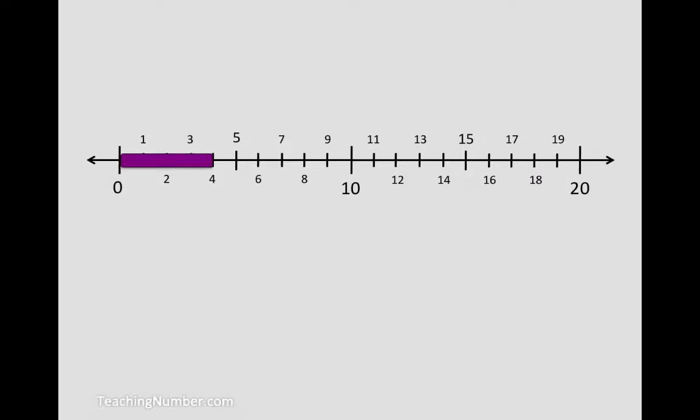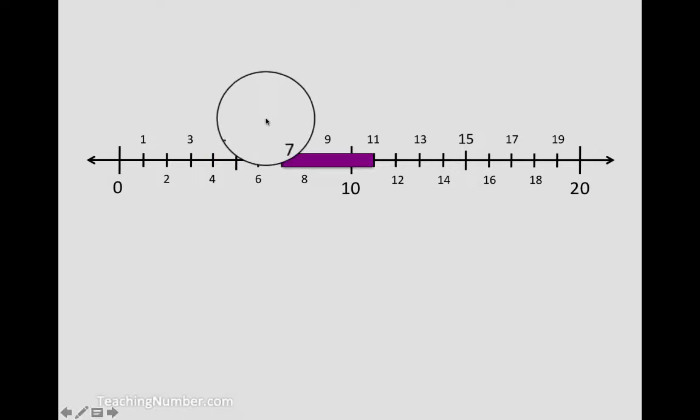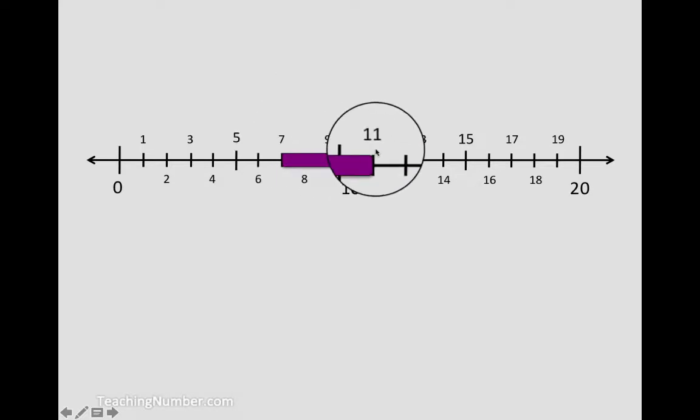Now let's slide a distance of 4 along the number line until we get to 10. And when we slide it one more, we have the distance from 7 to 11. How can we break this distance down into two parts using 10?